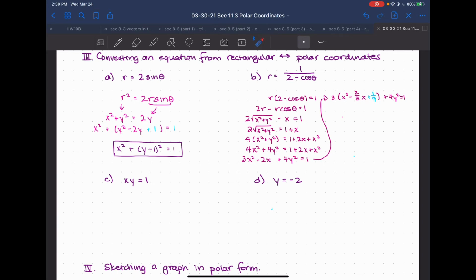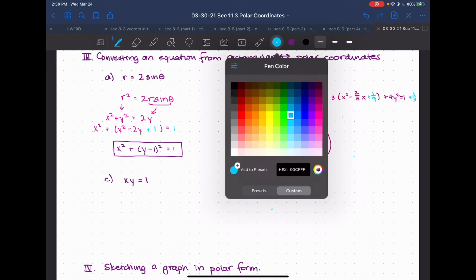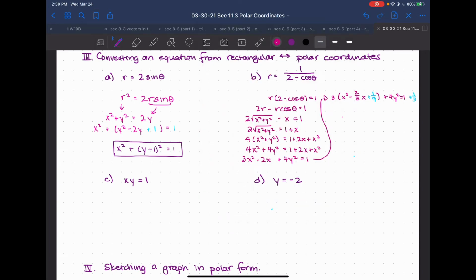I've added 3 times 1/9, which would be 1/3. So I'd have to add a 1/3 onto this side. And so then that leaves me with 3 times (x minus 1/3) squared plus 4y squared equals 4/3.